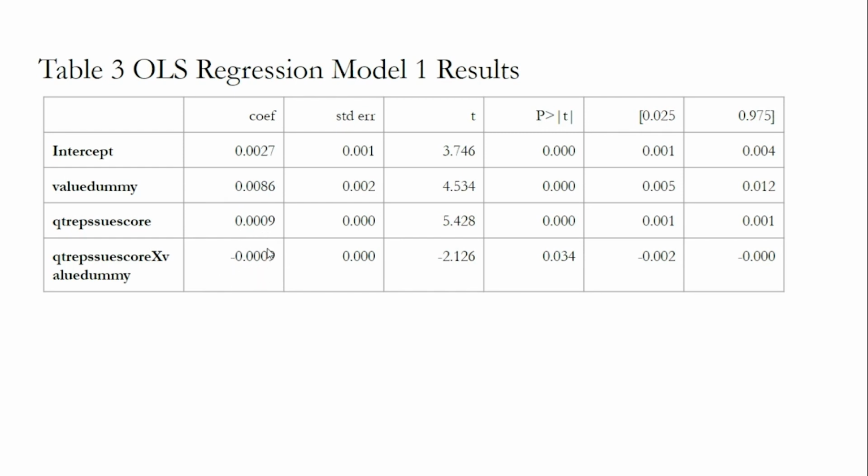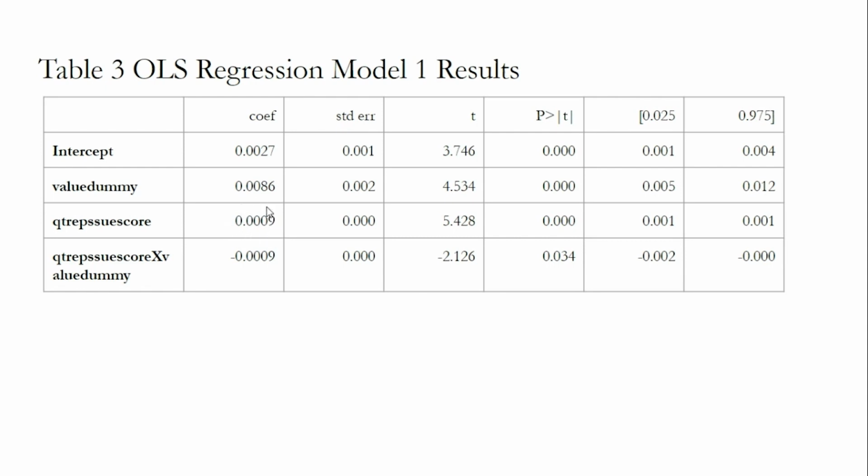The coefficient is close to 0 for value companies that beat earnings by 1 standard deviation. By comparison, the 3-day return for growth firms that beat earnings by 1 standard deviation is 0.0009. So this would be 9/100ths of one basis point.